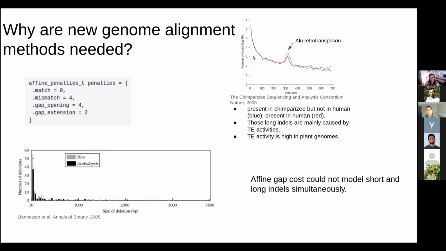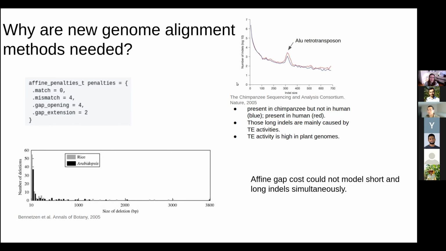If we optimize the gap score for the short indels, then we cannot align the long indels very well. If we optimize the score for the long indels, then we cannot align the short indels very well. So it's not possible to optimize the gap penalty to align short and long indels at the same time.